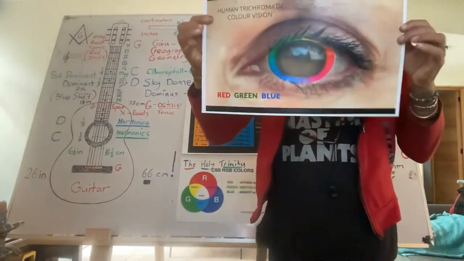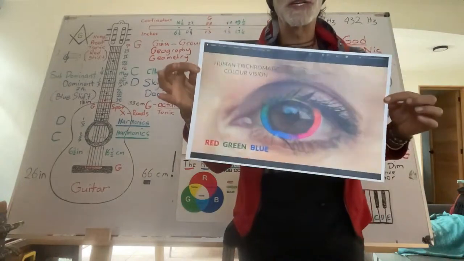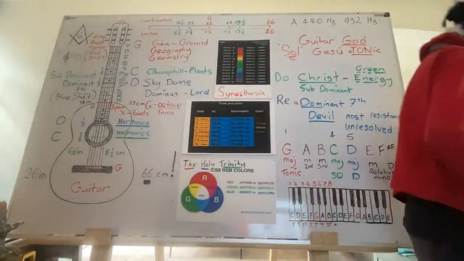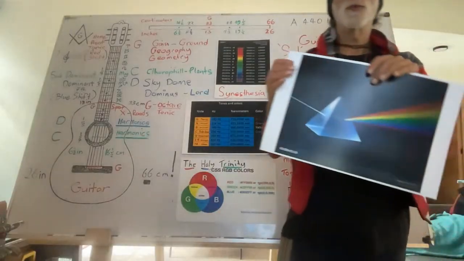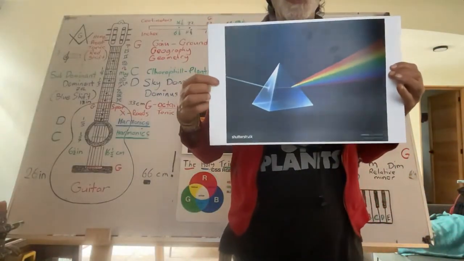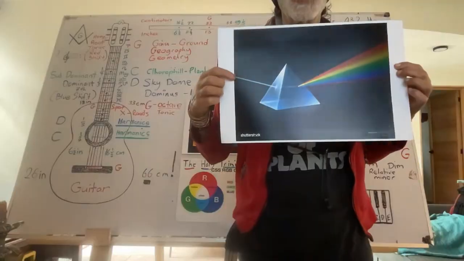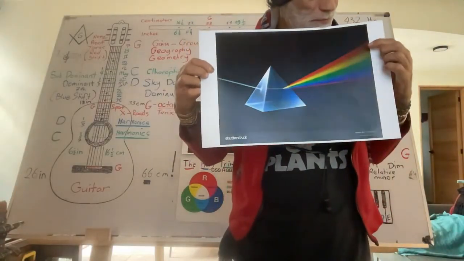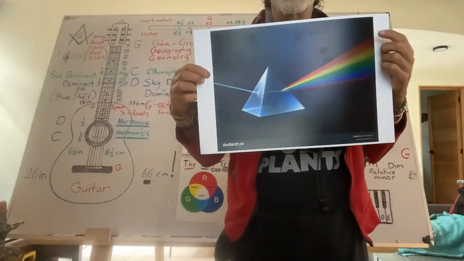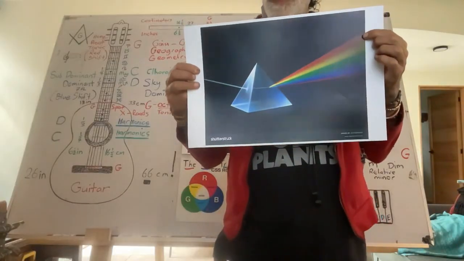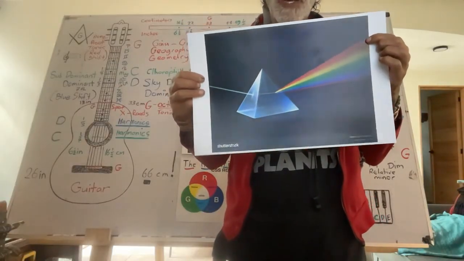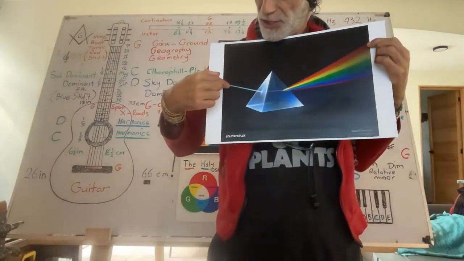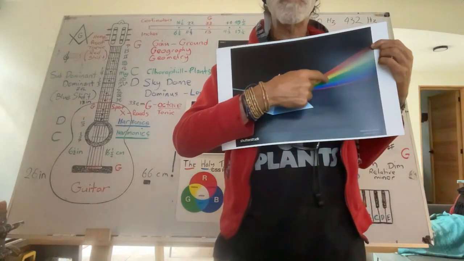So, first thing that we must understand about our vision, okay? Secondly, when white light, which is all the colors, goes through a prism, the first color to refract or to differentiate from white light, which is a longitudinal wave. See, this is electromagnetism.